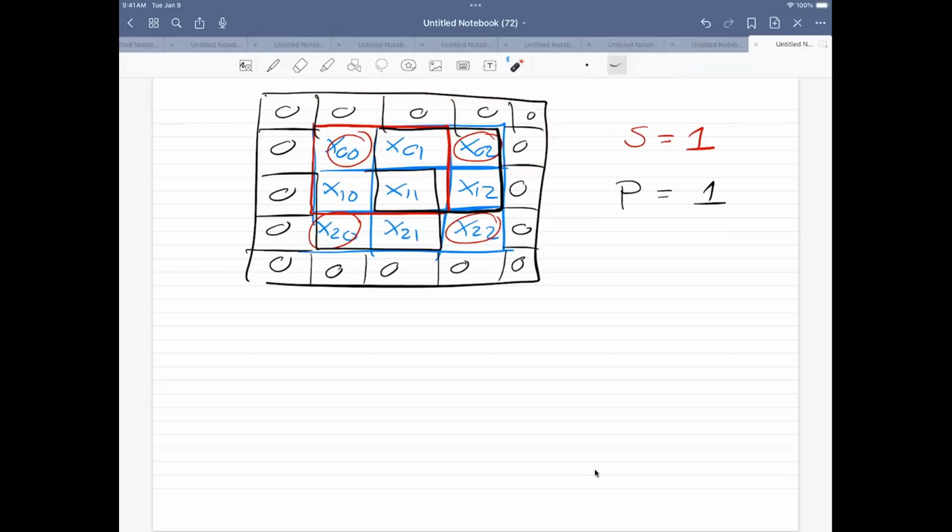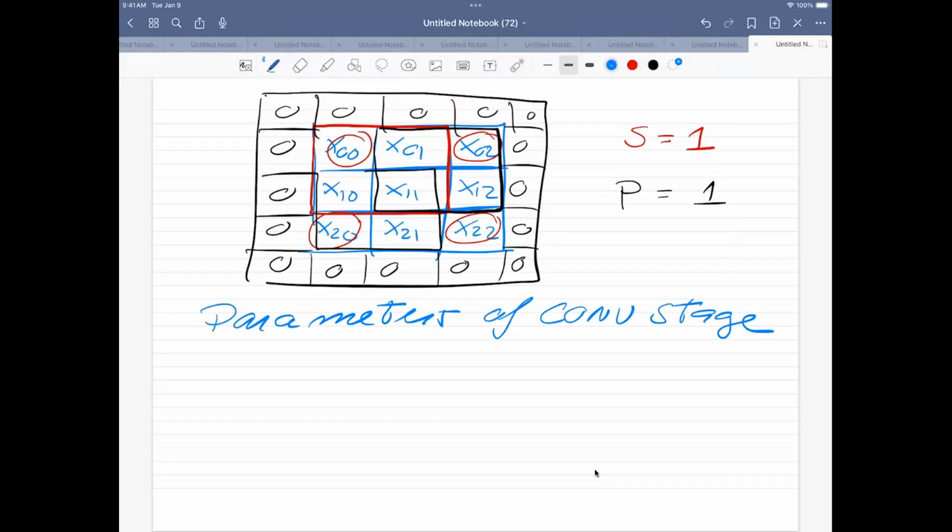Before we go back, let's now look at the type of parameters which we end up with when we are setting up a convolutional stage. So these are parameters of the architecture of the conv stage. One is a parameter which I'm going to call K, which is the number of filters we set up.